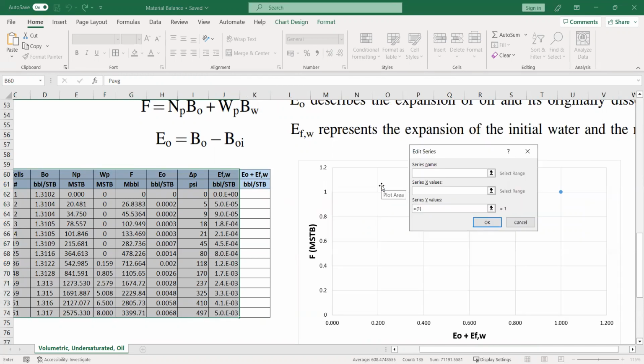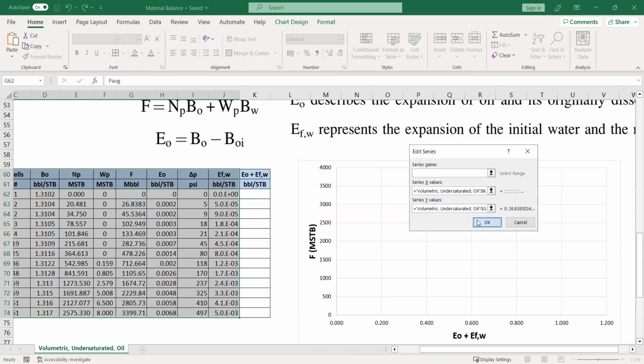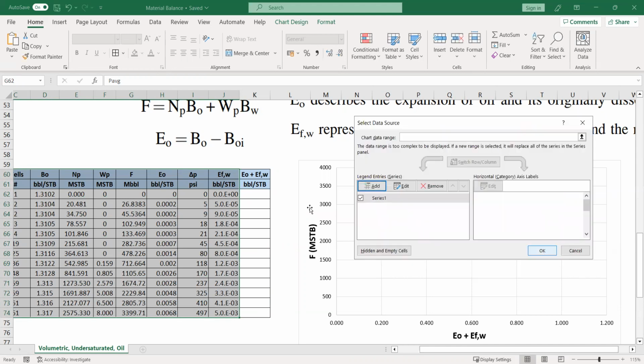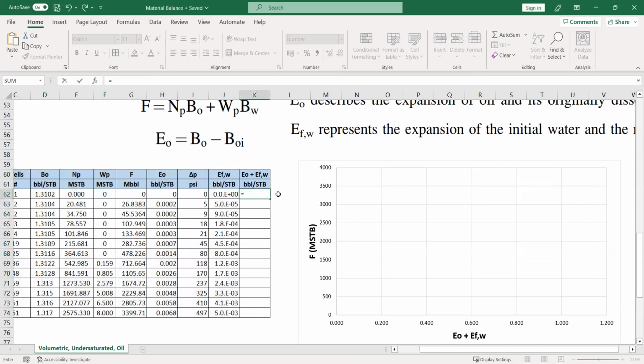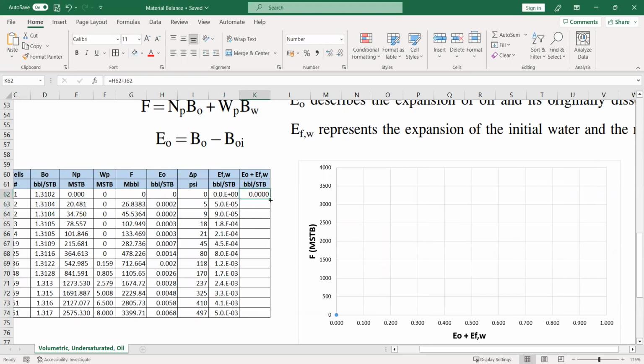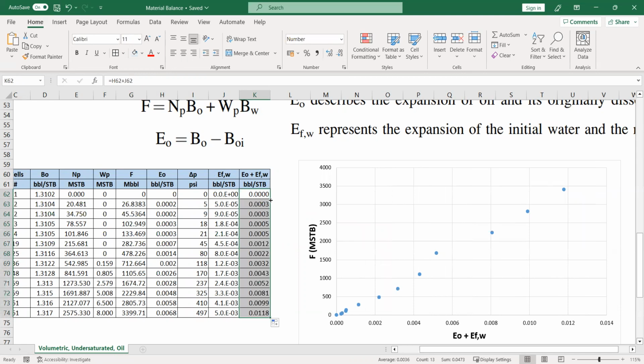Add, no name first. Series X, horizontal axis, should be this. Oh, it's still blank. And then the y-axis should be the F here. All right. And of course, the last thing that we need to do is EO plus this. Boom. Okay, we got that.